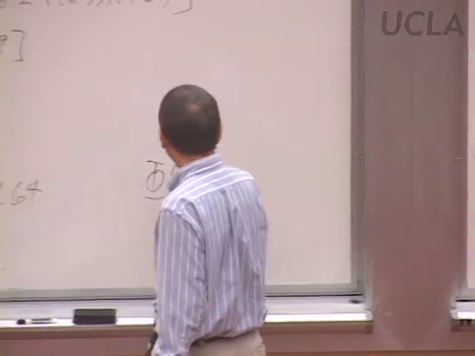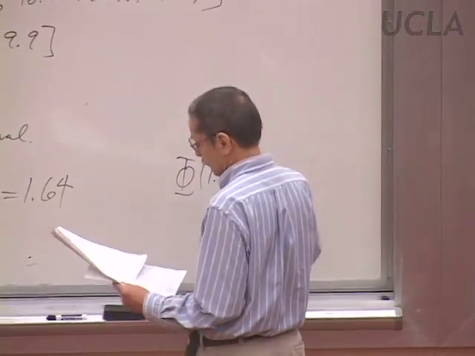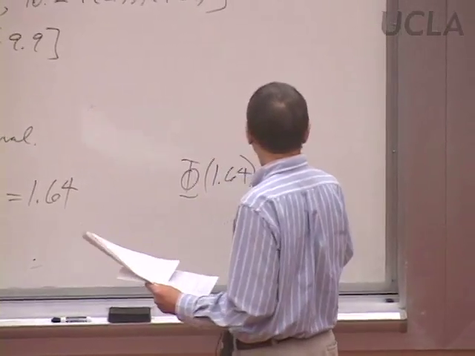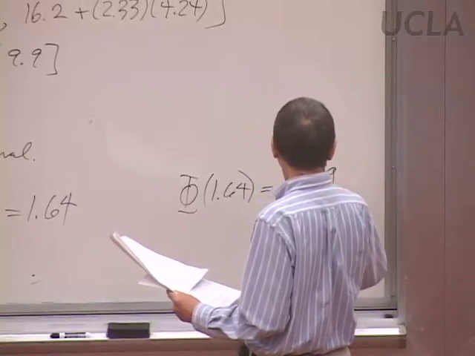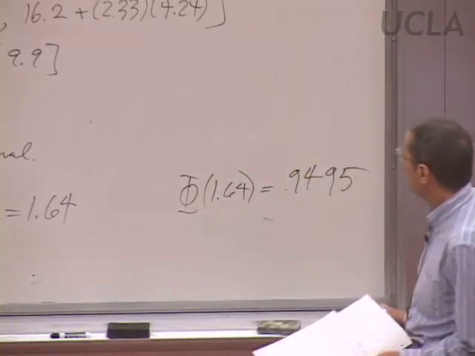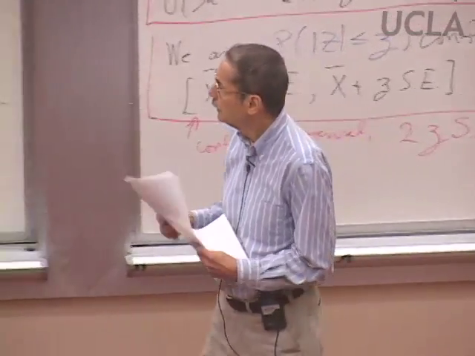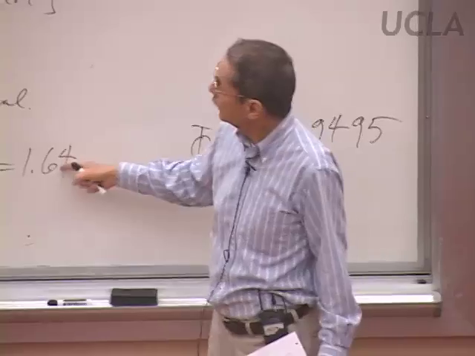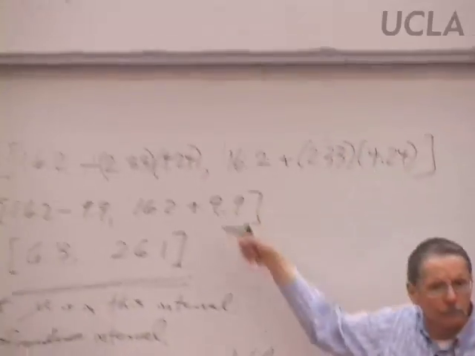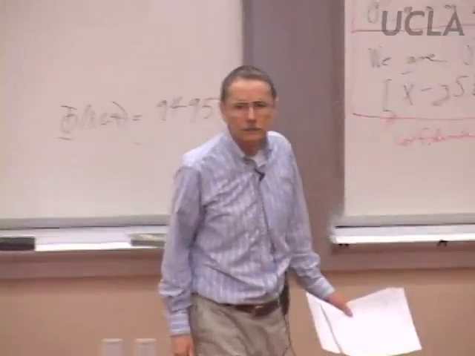Well, it's actually a tie, but phi of 1.64 is almost 0.95. But not quite. So that's our z-value. And then secondly, we can use that to make our interval.